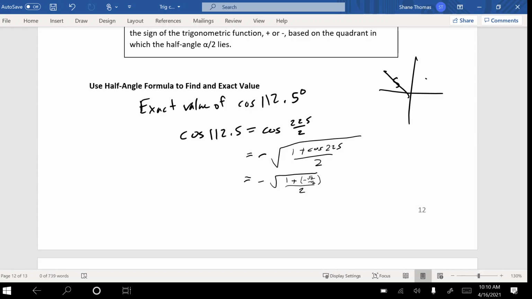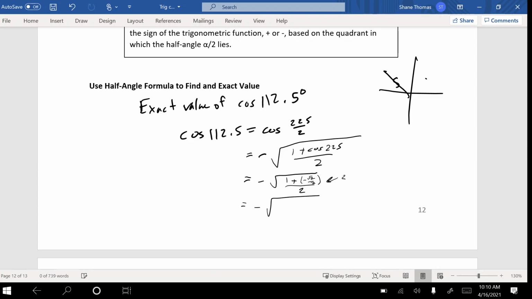So let's try to simplify this a little bit, because I'm going to have a fraction over a fraction inside the root, aren't I? So what if I multiply everything by 2 inside? Can I do that? As long as I do it to everything, right? So I'm going to multiply everything inside by 2.